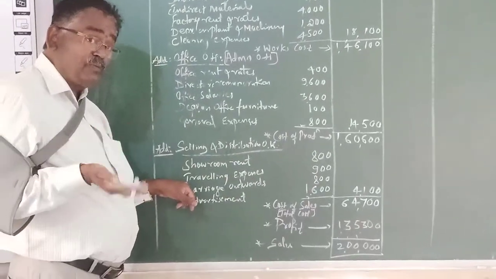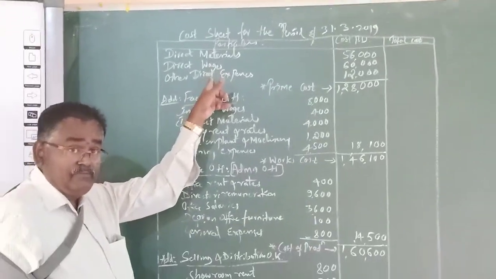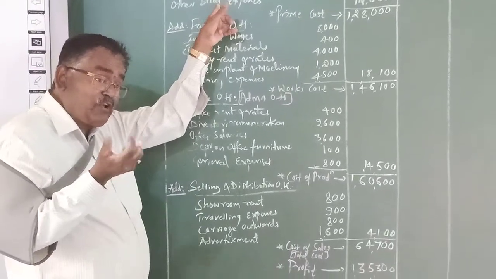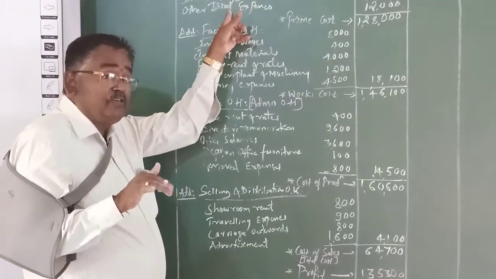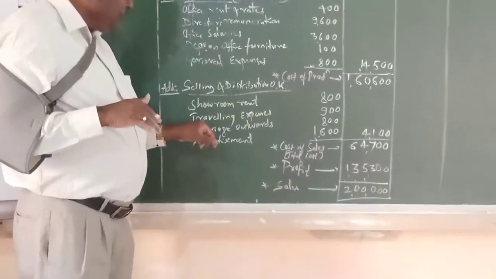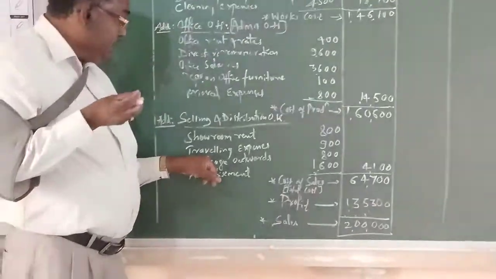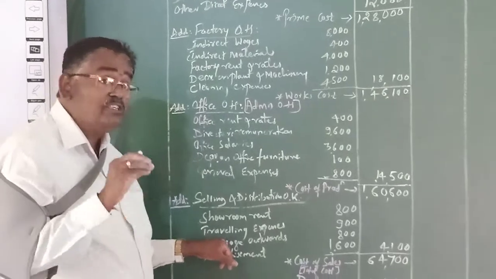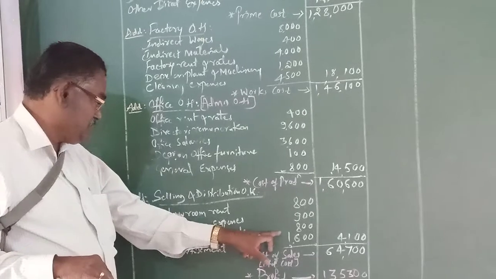Then carriage outwards and carriage inwards. Carriage inwards, at the time of acquisition of materials, at the time of purchase of raw materials, the expenses incurred for purchasing are taken under prime cost. But after manufacturing the finished goods, the carriage charges incurred for sale of goods, carriage on sales, carriage outwards, are to be taken under this head, rupees 800.